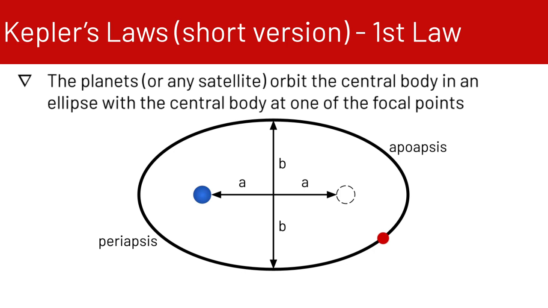The point closest to the central body is called periapsis. That's this point right here. And the point furthest from the central body is called apoapsis, and that's right here. If we were to draw the radius from this point, we would draw the radius out here to the central body. So that would be our radius.